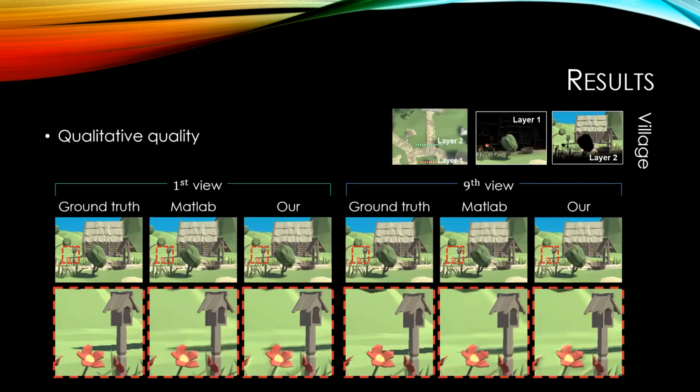And the village scene. Another artifact in scene village is the blurry background, which exists both in our method and in MATLAB. It indicates that additive light field factorization has a limitation on handling objects beyond the range of distance covered by layers.